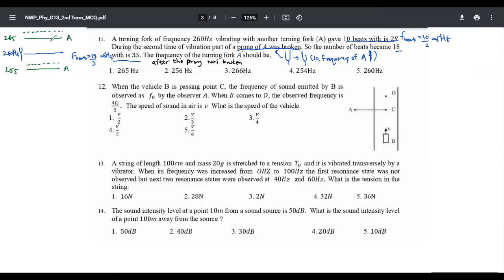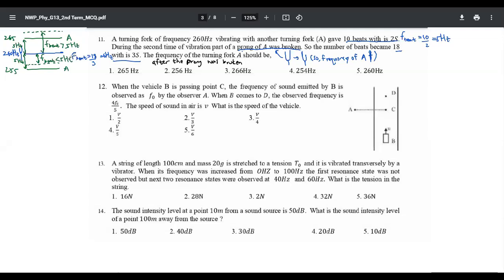Right. So this gap is 5 hertz, this gap is also 5 hertz. But if 265 was the value, then the beat frequency should be a value higher than 5 because the value of A is increasing. But if 255 had been the frequency of A, the new beat frequency should have been less than 5.